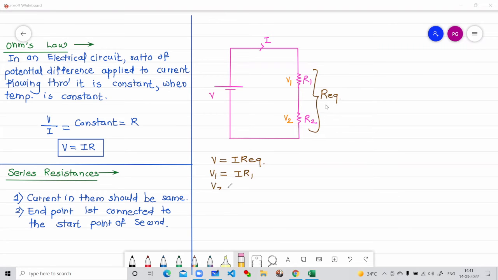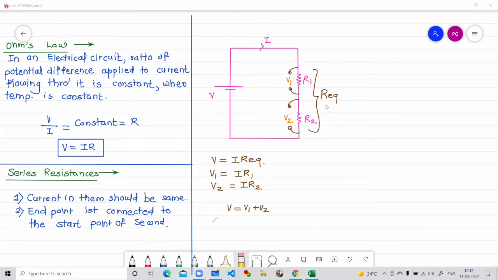If I'm talking about V2, I'll say I into R2 is the potential, right? V1 is the potential between these two terminals, and V2 is the potential between these two terminals. So the total V is the same potential: V is equal to V1 plus V2.